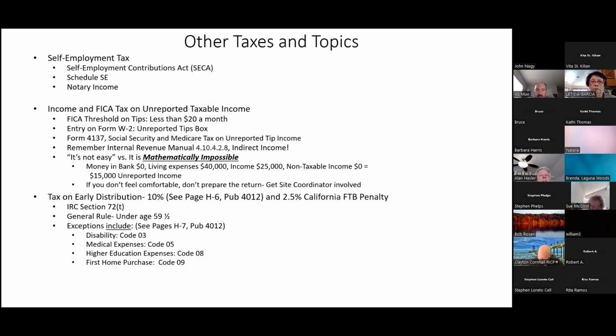I'm thinking, no, there's something else involved here. Either you have fewer living expenses or you have more income, and chances are you have more income. And so we're here to prepare your return. Tell us about your taxable income. I see this all the time, and I just sit down with people and tell them, this is my training, and we're not going to let this return go out the door.